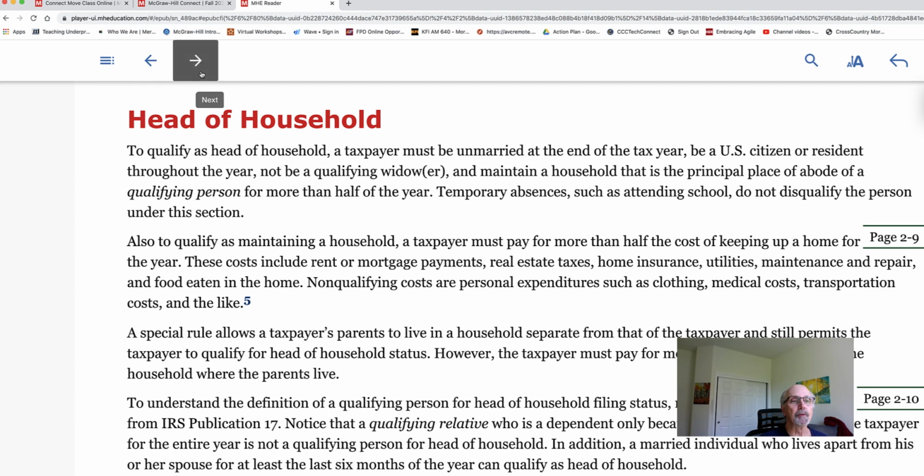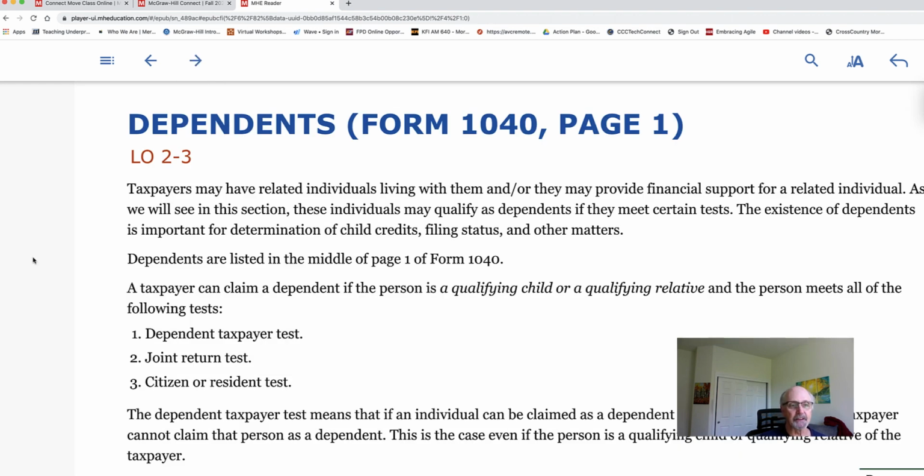Learning objective number 3, dependents. Taxpayer can claim a dependent if the person is a qualifying child or a qualifying relative. Qualifying child meets certain tests: relationship test, the age test, residency test, support test, and the test for qualifying child of more than one taxpayer.